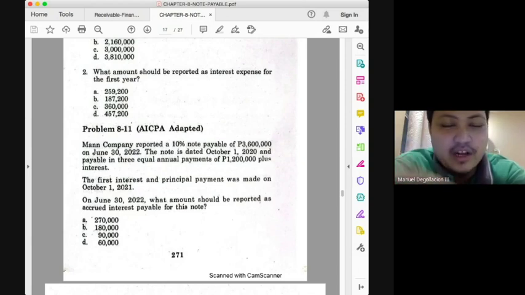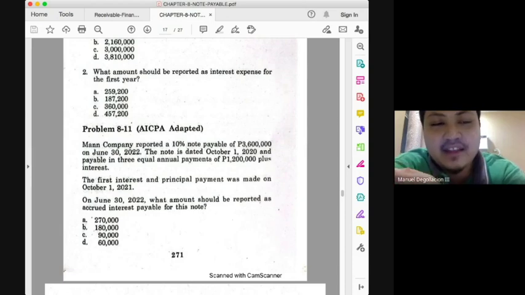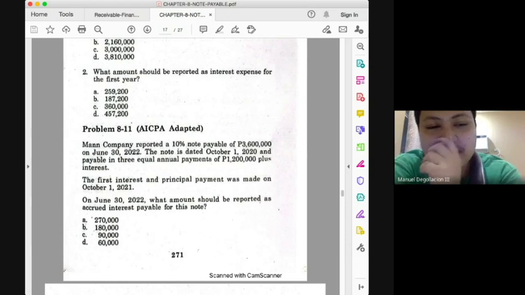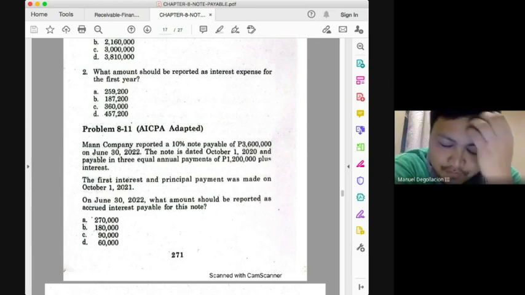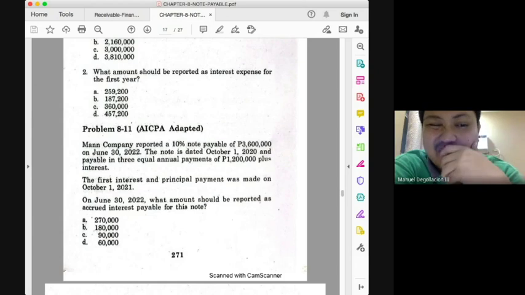But that is not our answer because we are asking for the amount of accrued interest not as of October 1, 2022, but as of June 30, 2022. So the interest that is accrued on June 30 would be the interest that was earned from October 1, 2021 to June 30, 2022.